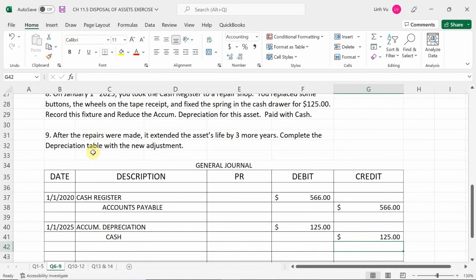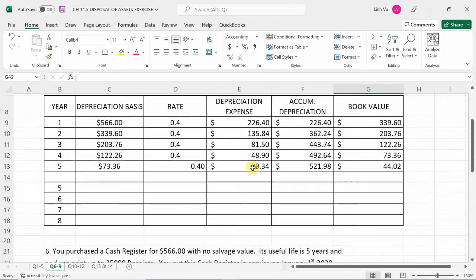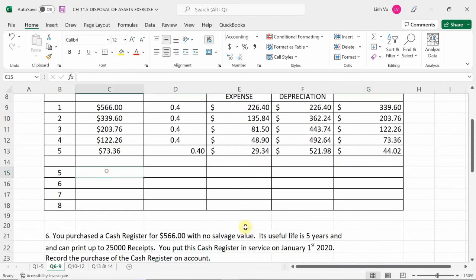Okay? After repairs were made, it extended the asset's life by 3 more years. Complete the depreciation table with new adjustments.